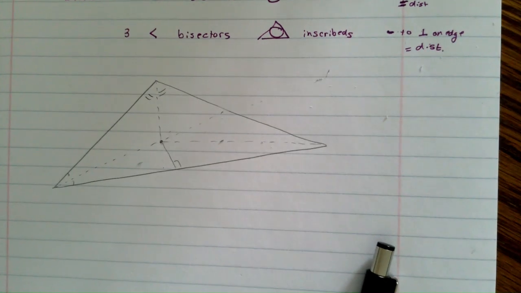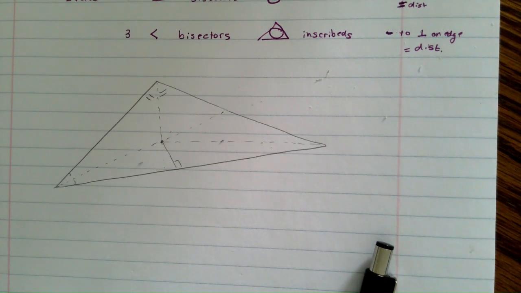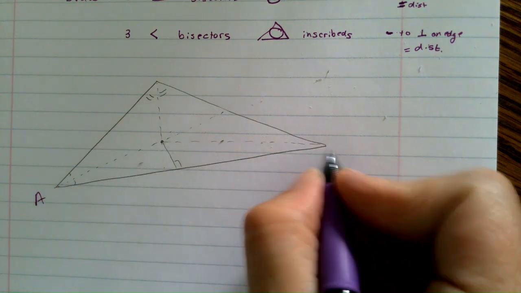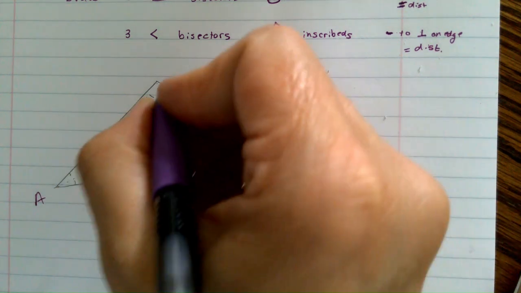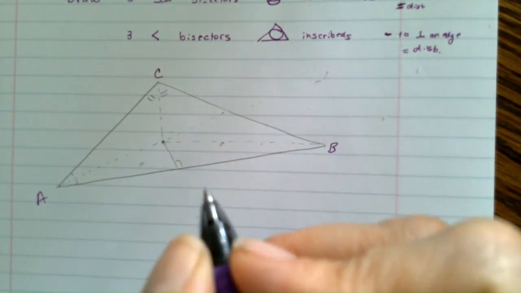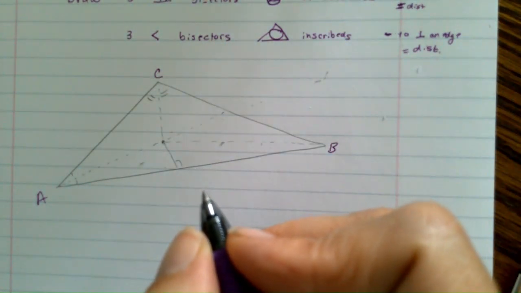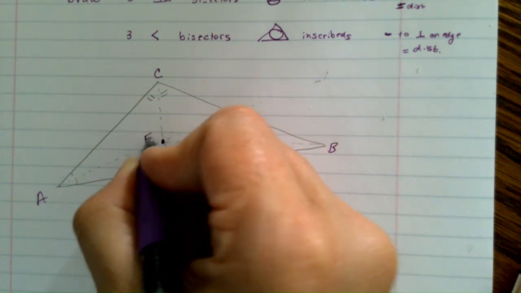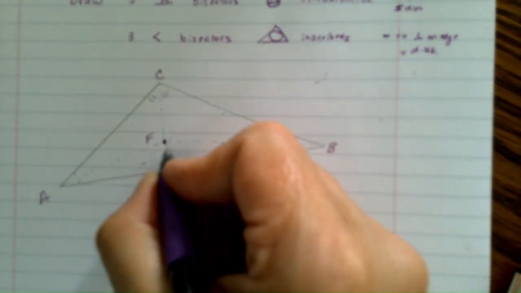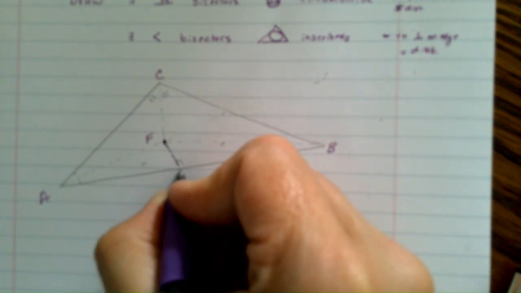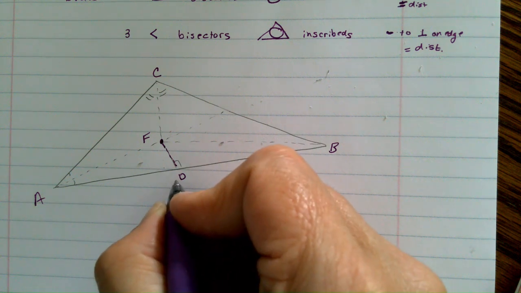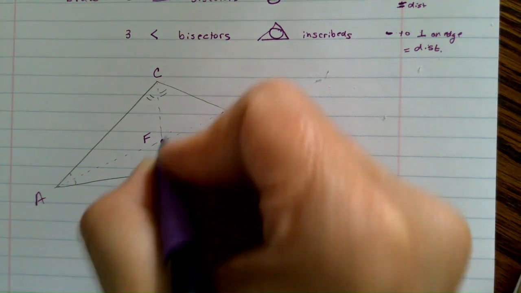So let me go ahead and give you some letters. A, B, C. Okay, they come together at F. And we have D. Oops, I wanted to call that something else. Oh well.